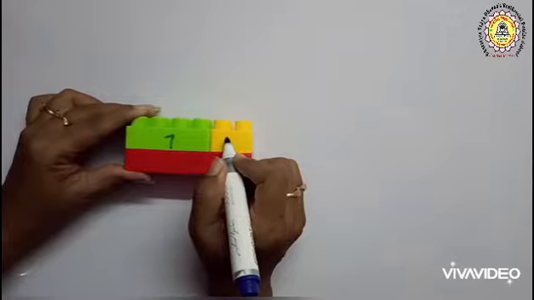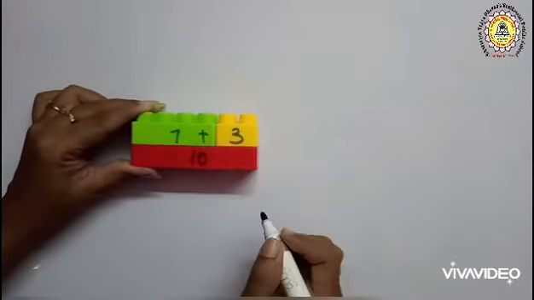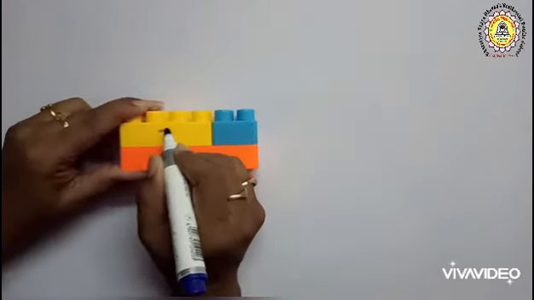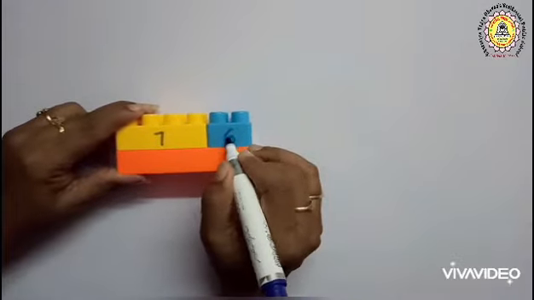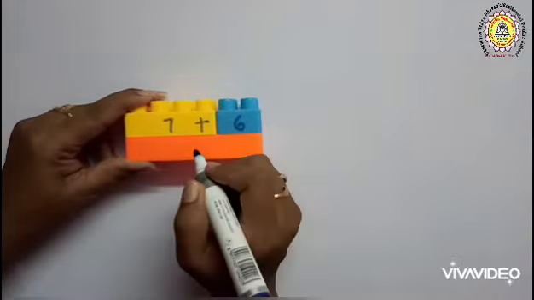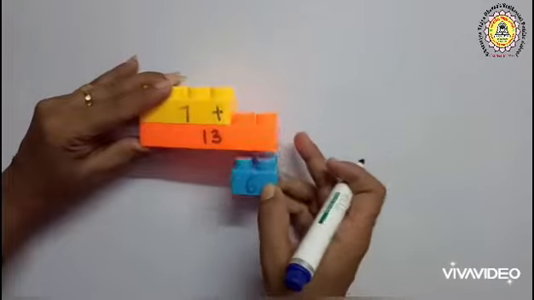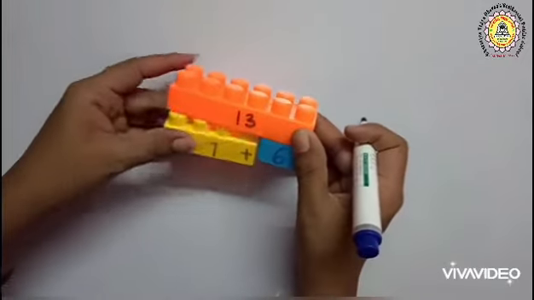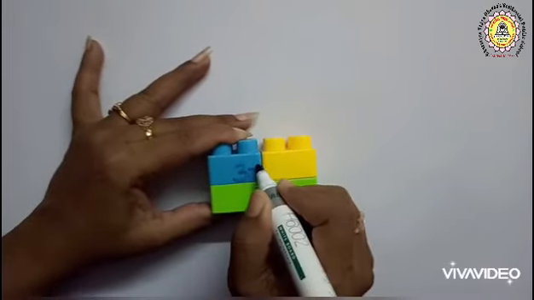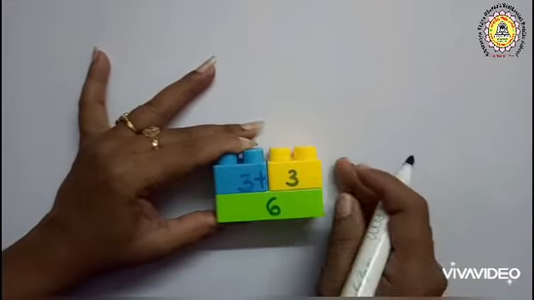7 plus 3 is equal to 10. 10 is equal to 7 plus 3. 7 plus 6 is equal to 13. Likewise, 13 is equal to 7 plus 6. 3 plus 3 is equal to 6.